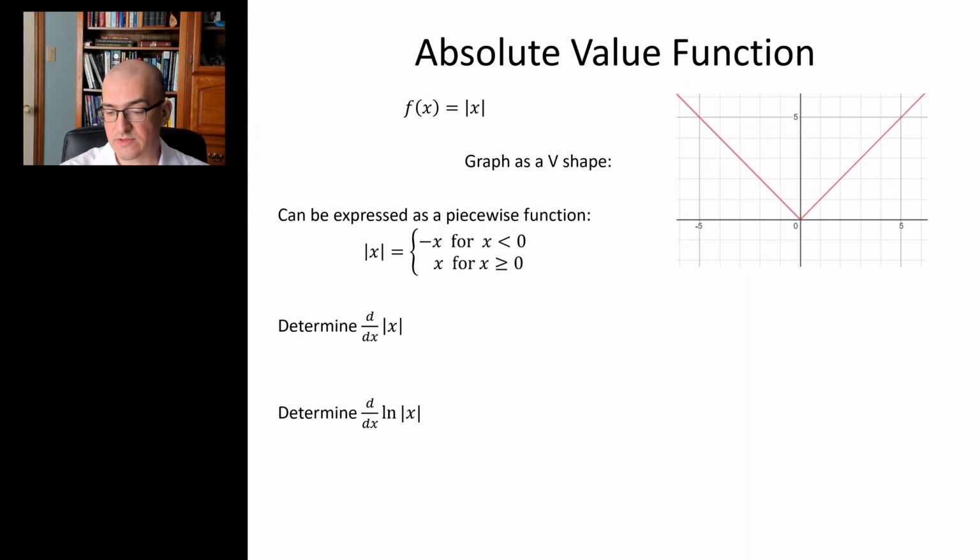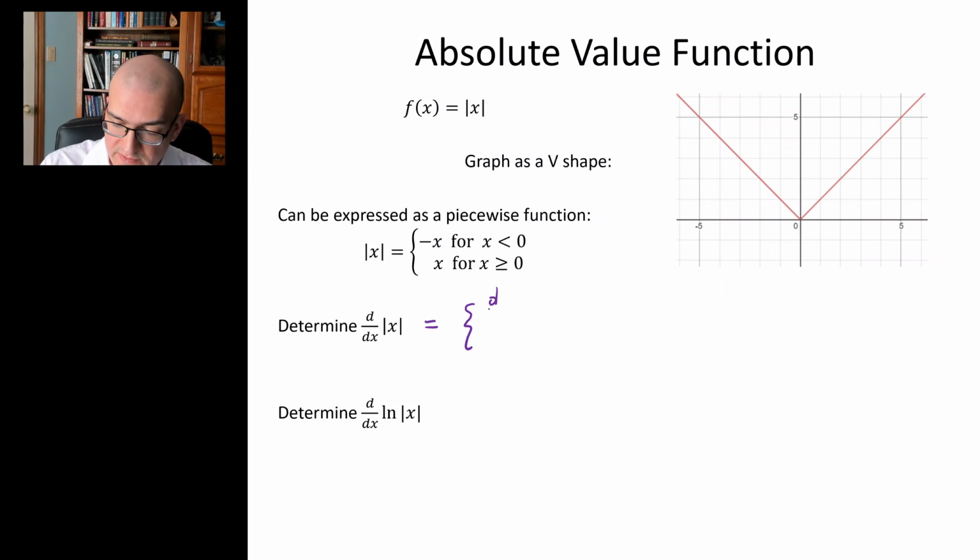This allows us to do things like integrate functions involving absolute value of x, and even to take the derivative of functions involving absolute value of x. So I'll show you what the first case looks like. How do you take the derivative of absolute value of x? Well, I'm going to write this as a piecewise derivative.